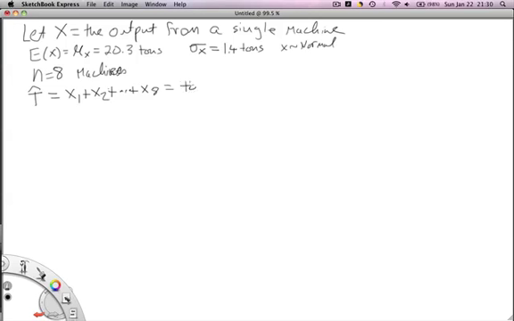So this is the total daily production. And we're asked to find the mean of this total. So what is the expected value of t hat?